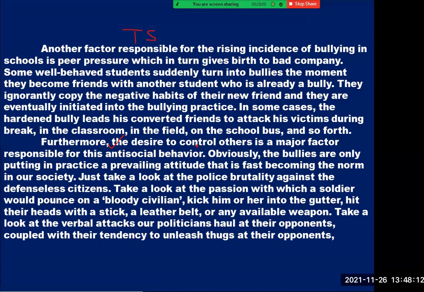Now, what do we want to talk about, and how does this become a major factor responsible for this serious social evil? Now, let's discuss it. Obviously, the bullies are only putting in practice a prevailing attitude that is fast becoming the norm in our society. You are saying that this is an attitude that is prevailing in the society.